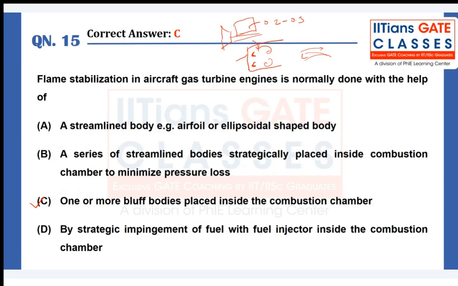So the only correct answer is the placement of the bluff bodies inside the combustion chamber. In case you are having any doubt, please stop me there itself so we can discuss. Or else I'll assume that it is understood.